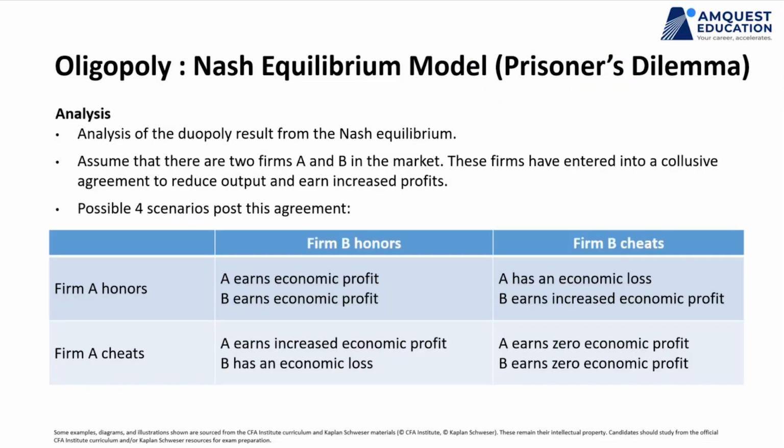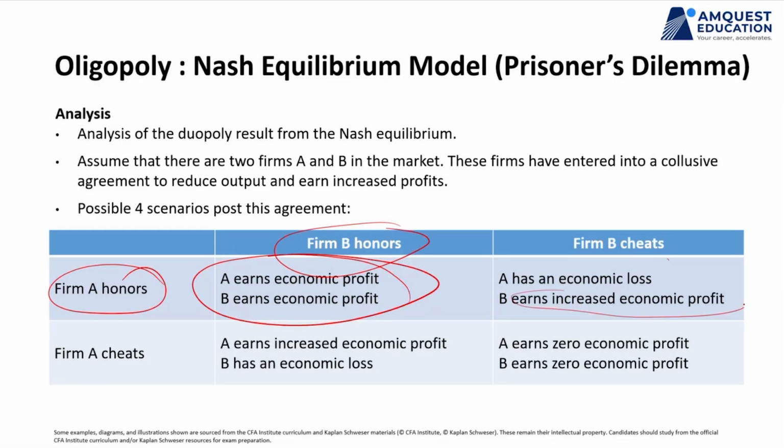Okay. So this is the connection of the Nash equilibrium to the case scenario. Let's understand from two firms. If both have a deal and both are honoring, right? Both are not confessing, both are kept quiet, then both are going to earn profits. But if one fellow cheats and one fellow doesn't cheat, the one who cheats obviously is earning more profits.